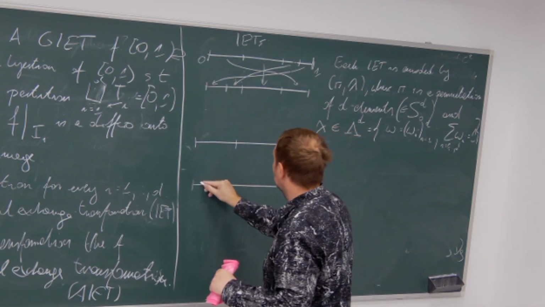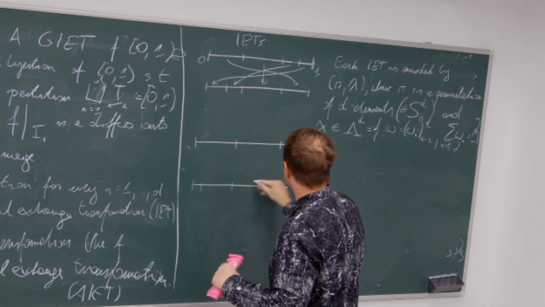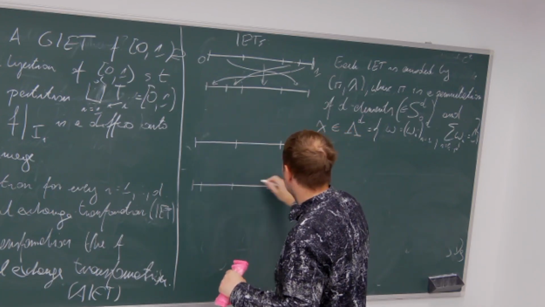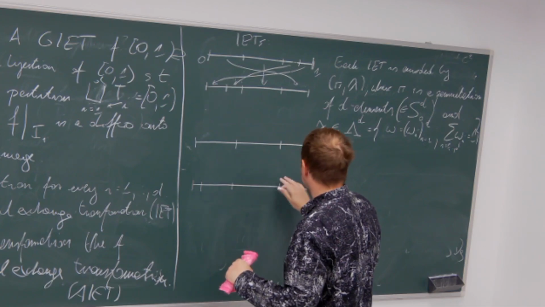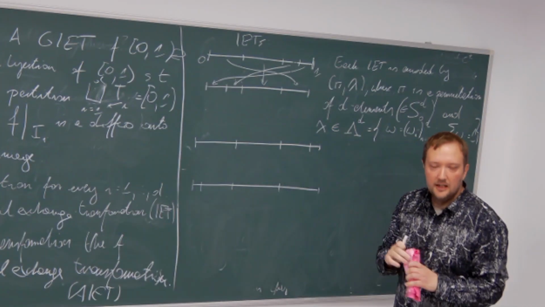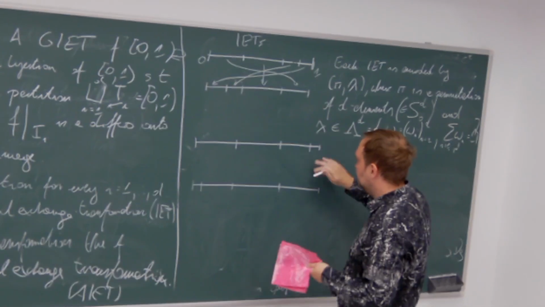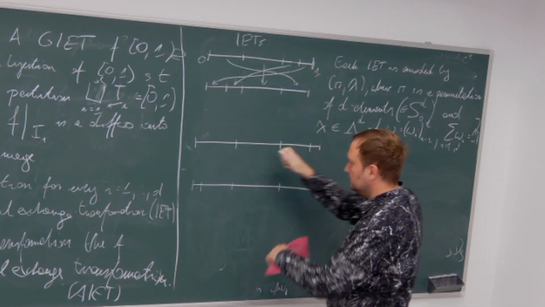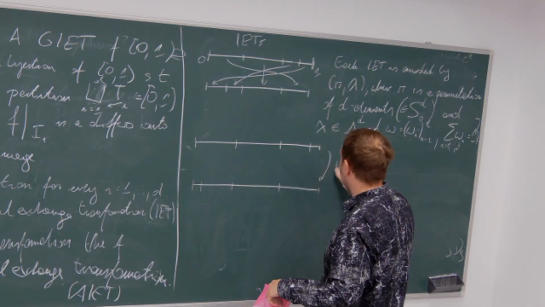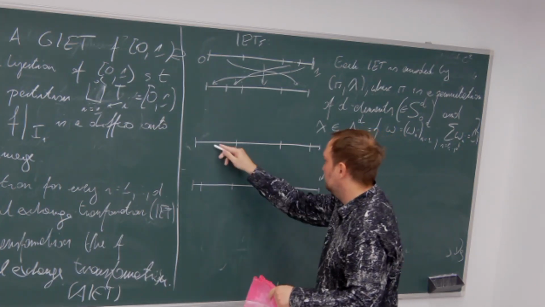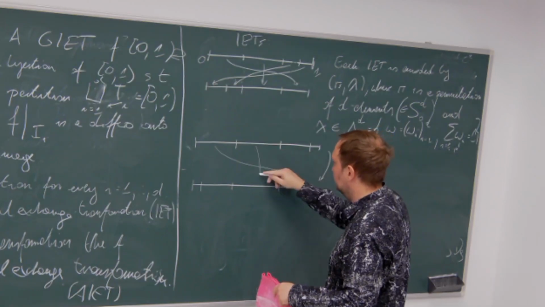I'm making it on purpose so that the last one is shorter than the last one. And what I do is I look, so this is before and after. Okay, so this interval is over here, this one over here, and so on.